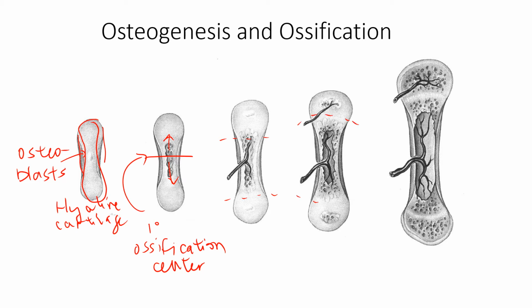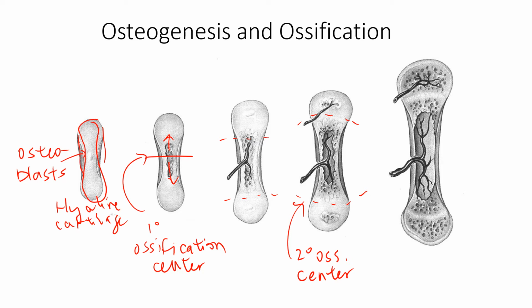So in fact, I'm going to draw it as a dotted line here, and as it moves apart, it's going to become a secondary ossification center. I'm just going to abbreviate that as secondary ossification center. So that's really where we want to see it set up, in the ends or the epiphyses of these bones.